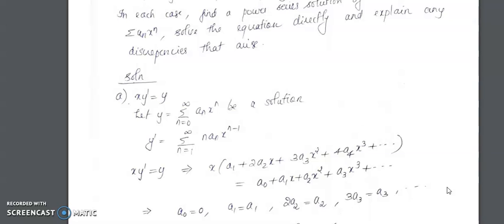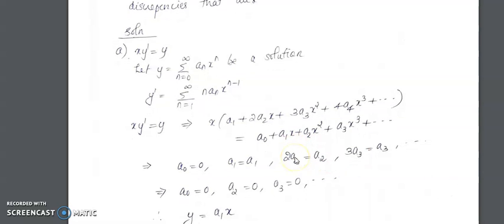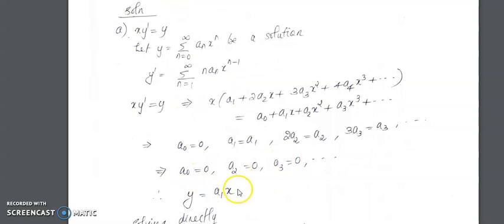So substituting these a i values in the given series, all are 0 except a1. Therefore the solution is y equal to a1x. So this is the power series solution.